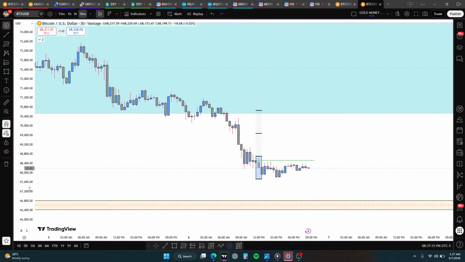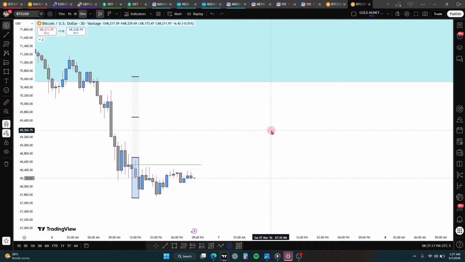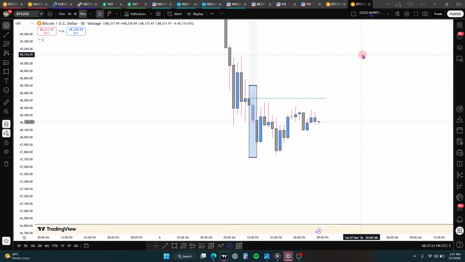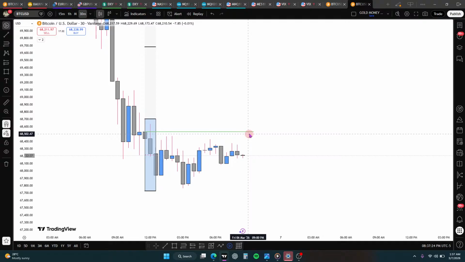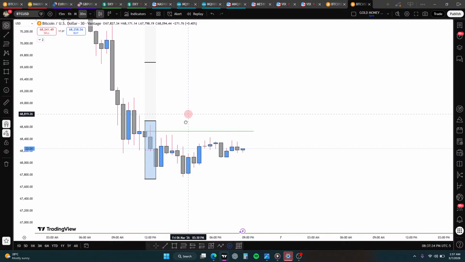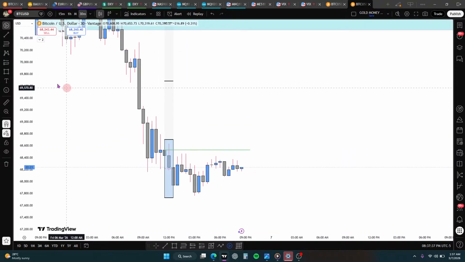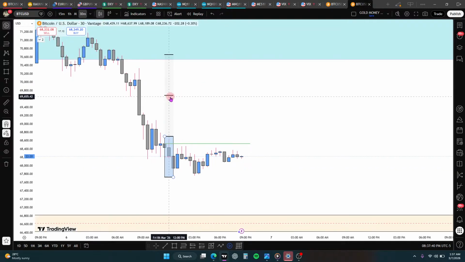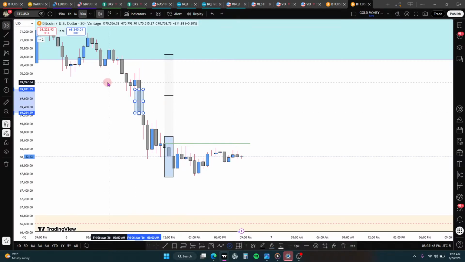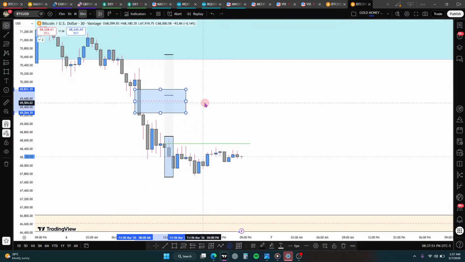Okay, now what I'm looking for and what I'm expecting is for price to trade above this green line here that represents the open of the first candle in the sequence of 3. Once we have that, then I'm confident that this is a true bullish order block, and we will at least see this line here be traded to, because it also is within close proximity to the consequent encroachment of this bearish fair value gap.